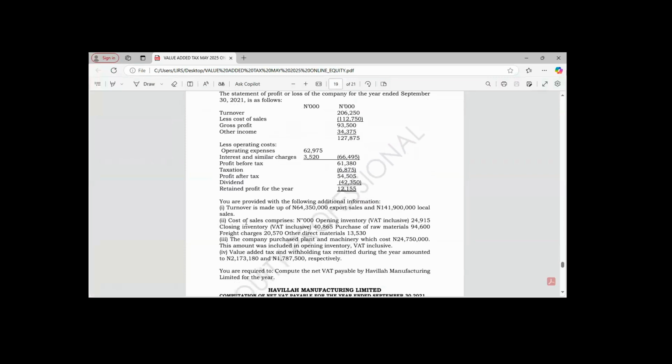In note 2, we are told that cost of sales comprises opening inventory, VAT inclusive. Look at it. The opening inventory was given to us as VAT inclusive. Closing inventory, VAT inclusive. When they now give us purchases of raw material, 94,600 million.